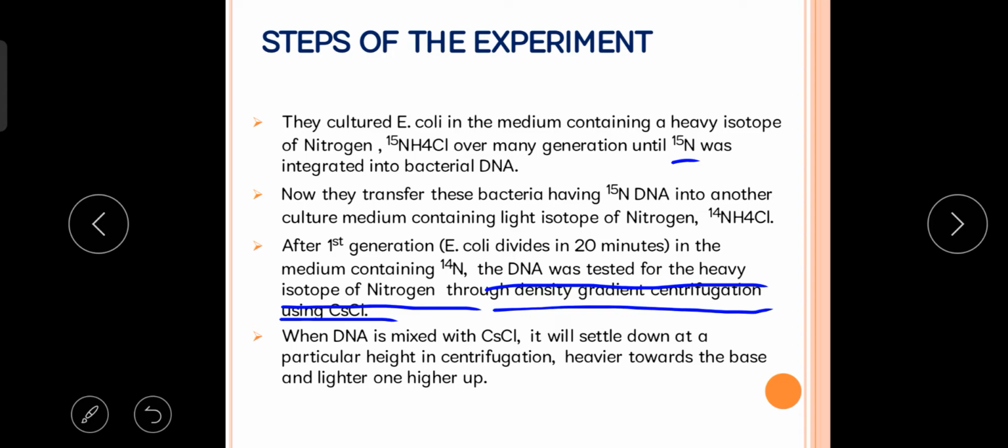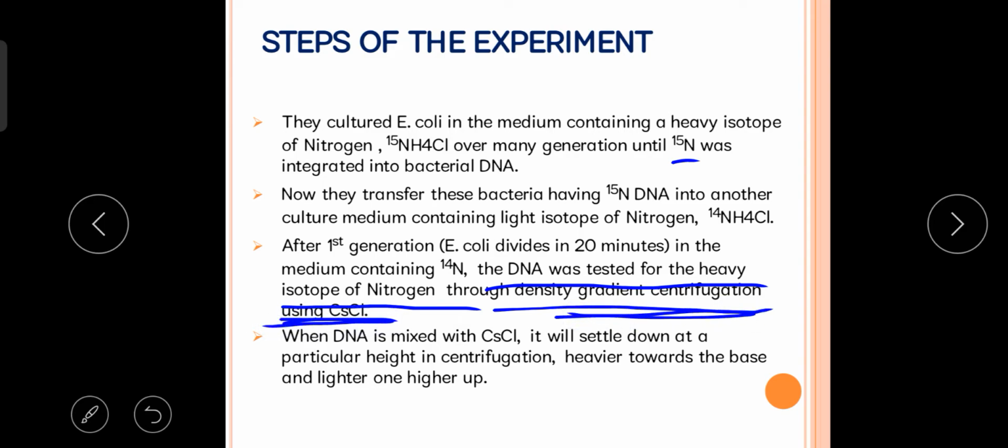That means the two new DNA molecules are formed from the parent DNA, which is now known as the first generation. So after first generation, they tested the DNA of the first generation for the heavy isotope of nitrogen through density gradient centrifugation using cesium chloride.